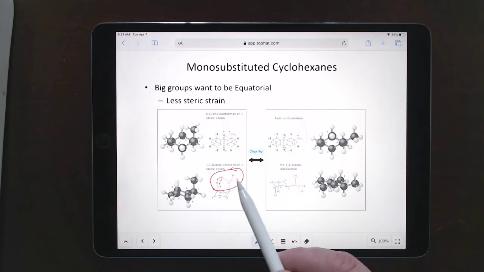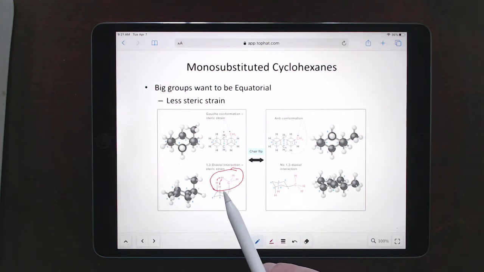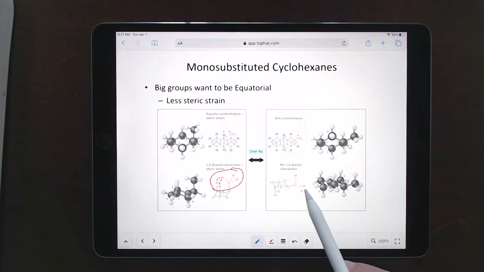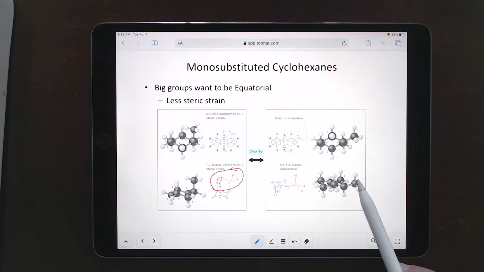So this is not going to be a particularly stable conformation. It's going to want to chair flip to turn this axial into equatorial. Now it's pointing off to the side, not interacting with anything, so it's going to spend most of its time in this form.